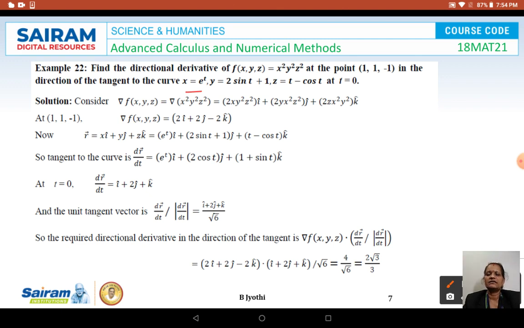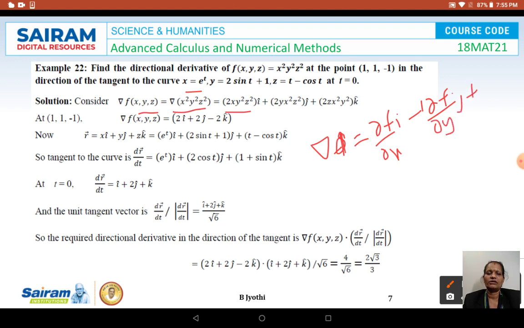Let us consider del f of xyz, that is del of x²y²z². You know the formula for del f is given by ∂f/∂x i + ∂f/∂y j + ∂f/∂z k.